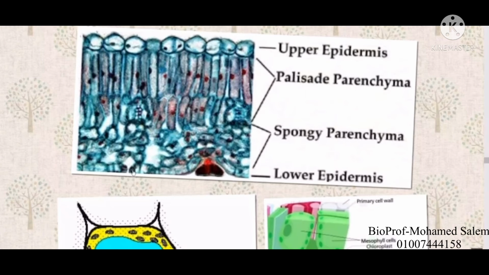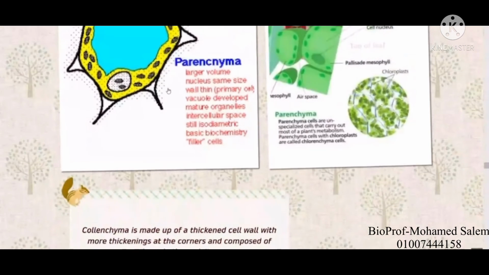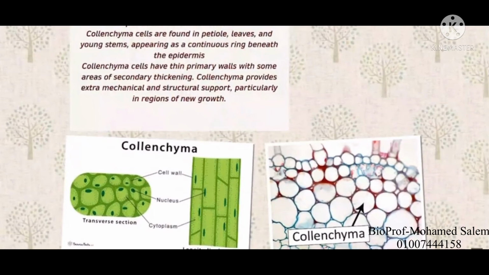They are composed of parenchyma cells. Collenchyma, we said, have thickened cell walls and more thickening in corners. More thickening in corners like that. They have thickened cell walls and more thickenings at corners, and are composed of pectin and other substances.